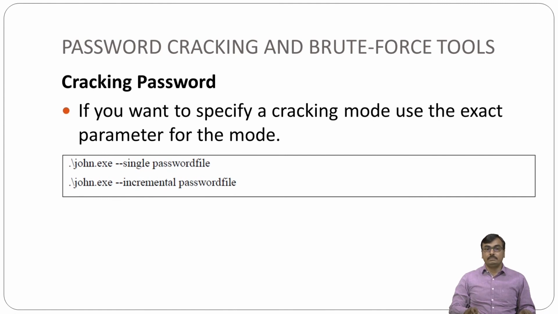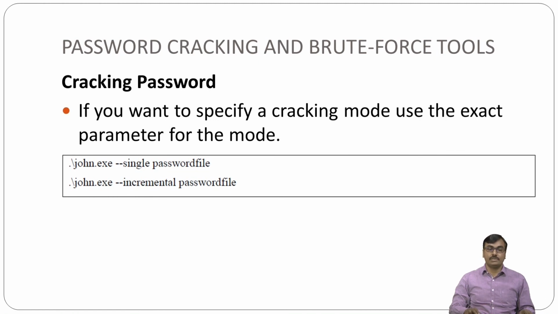Then there is the incremental mode. If you want to specify a cracking mode, use the exact parameter for the mode. If we are not providing any kind of parameter, then it is selected by default as simple, or we can say single mode.